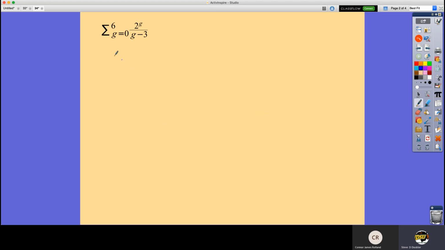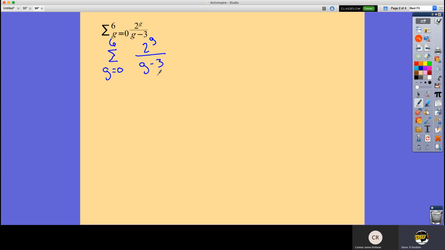Let's take it up a step here. We've got the summation from g equals 0 to 6 of 2 to the g power over g minus 3. So this one's going to be a little bit more complicated.